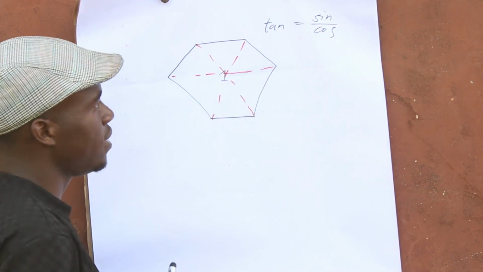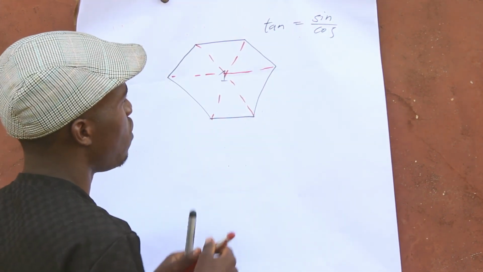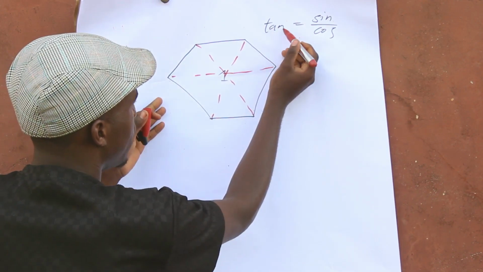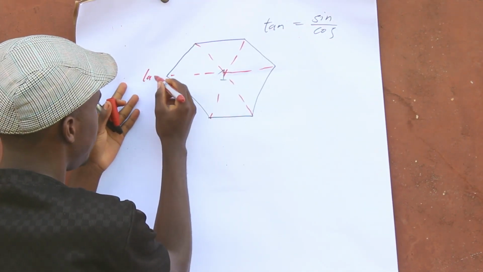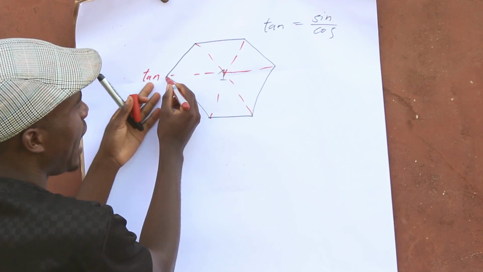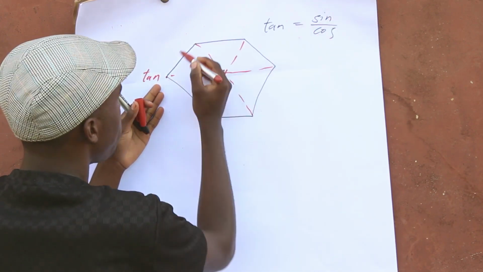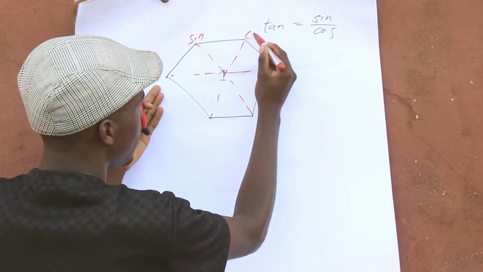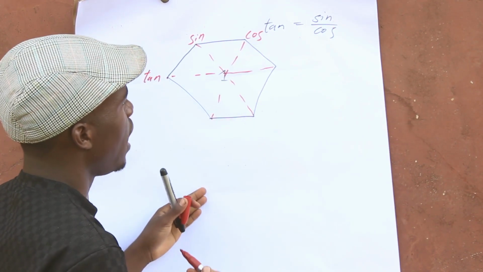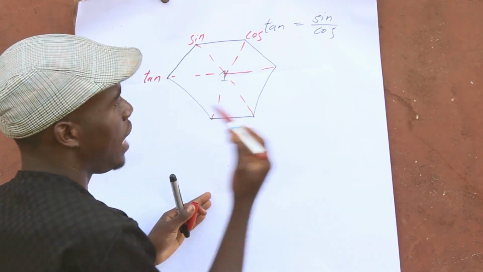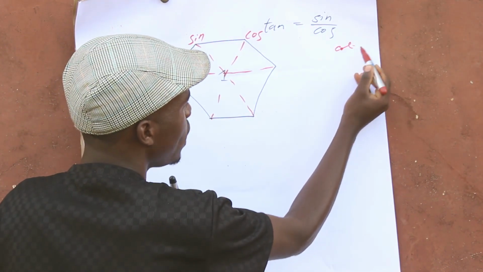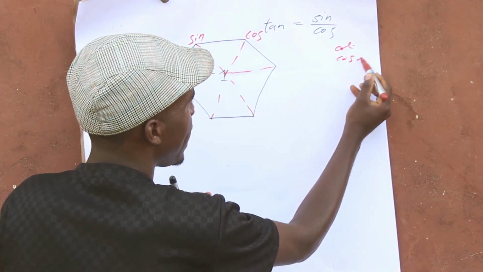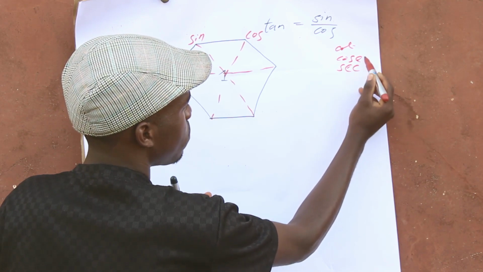So you take this first identity which you have mastered, tan. You write tan at the first vertex here. After that, which one is on top? Sine. Then divide by cos. You write cos here. After that, you see that we are still remaining with cot, cosec, and sec.